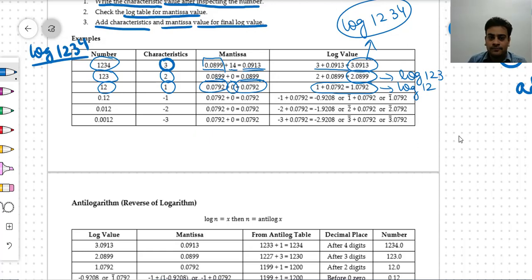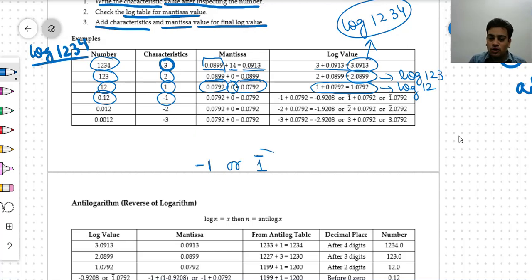Now I'll talk about the numbers less than 1 but greater than 0, because for numbers less than 0 the log is not defined. Let us take the example of 0.12. Here my criterion for the characteristic is that we need to look at the number of zeros after the decimal. In the first example we don't have any 0 after the decimal, so my characteristic will be -1. You can make a note that whenever we write a negative value, we either write it as -1, or we can also write it as 1 bar.